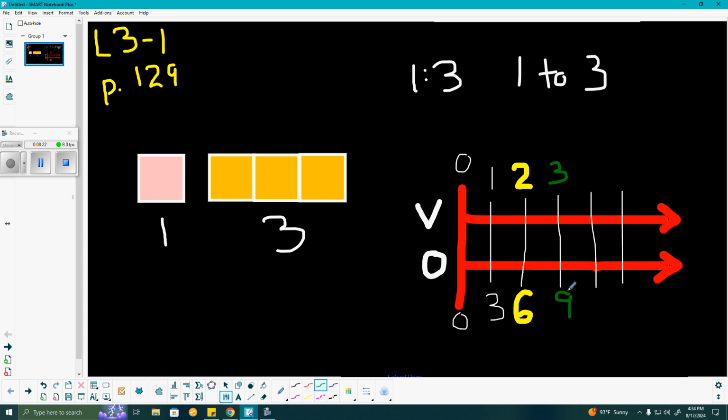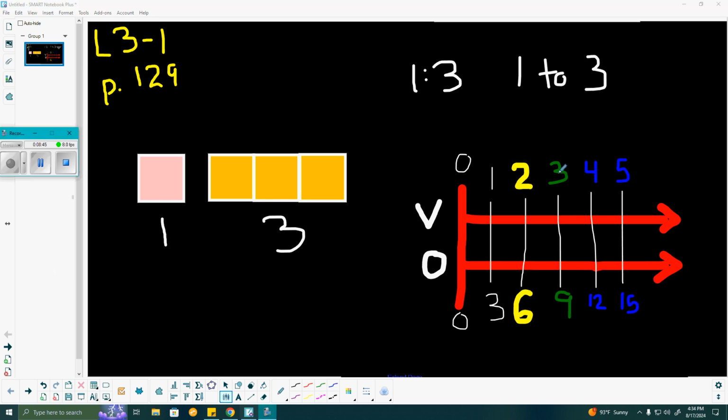And this sort of pattern could keep going. For vinegar, it's 1, 2, 3, 4, 5. Olive oil, 3, 6, 9, 12, 15, and you could keep going.